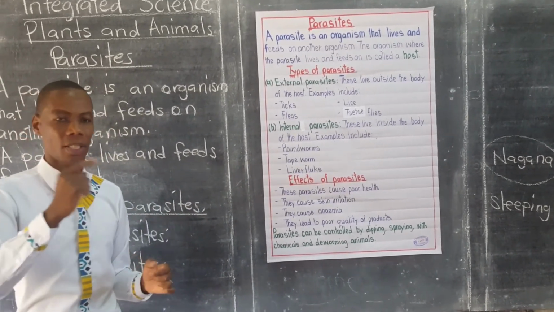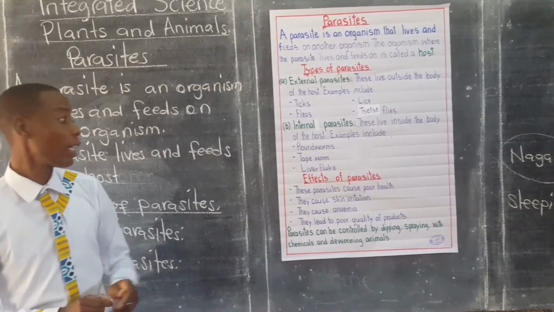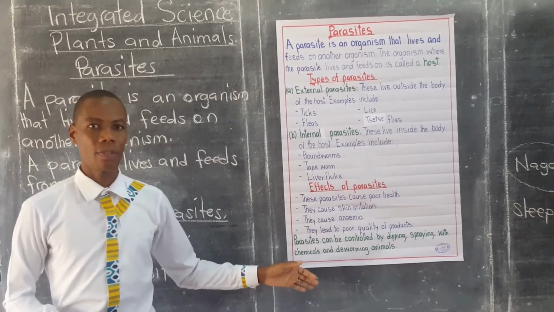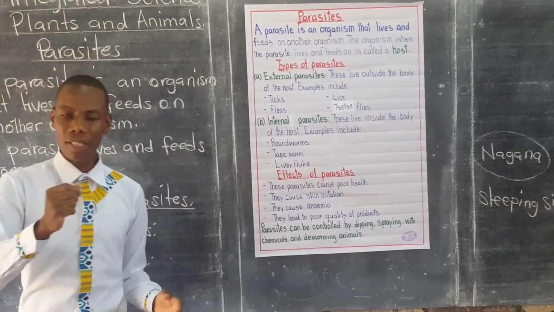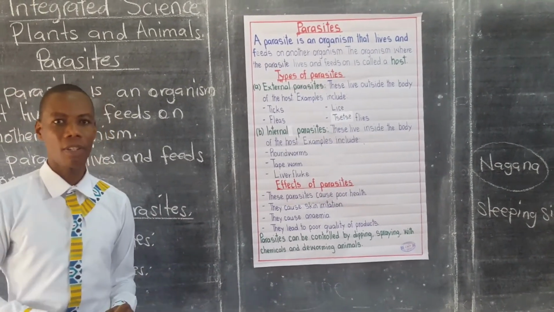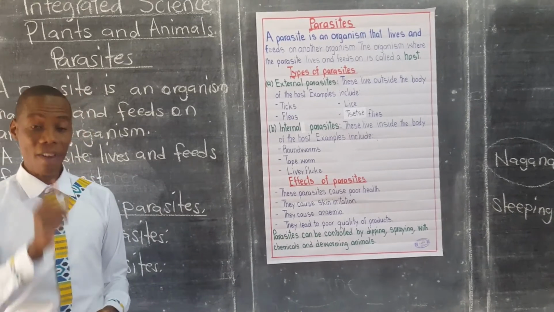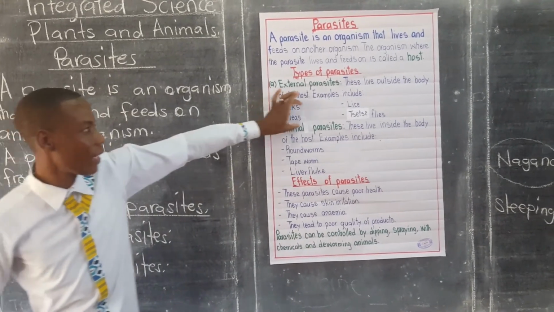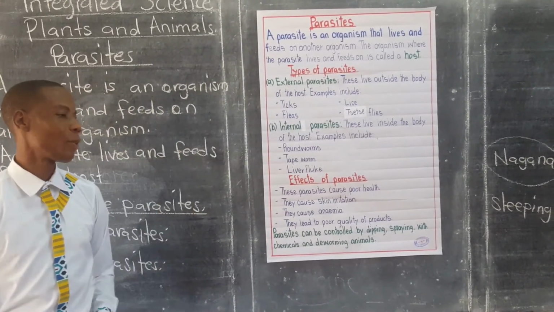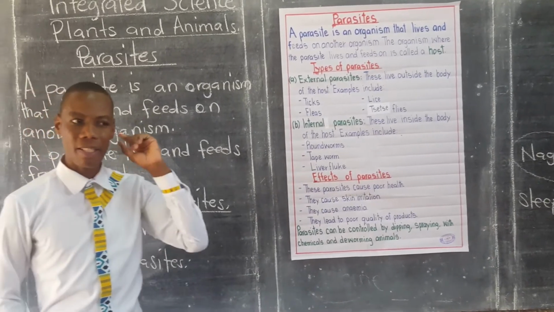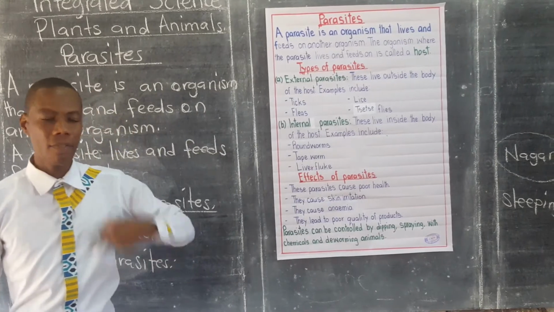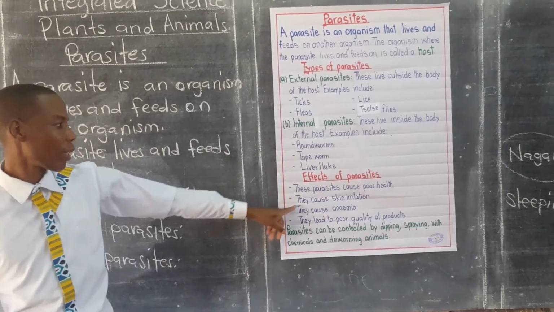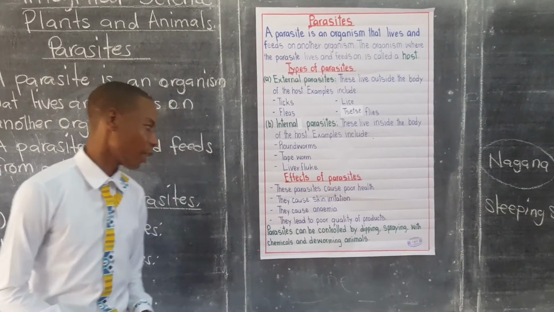It is going to irritate your skin such that you begin developing sores. Even in animals, you will notice that your animals will begin developing sores. So if you have a dog and your dog is having these, you need to work on it. You will discover that it will begin developing sores on the ears and even around the body. So they cause skin irritation.